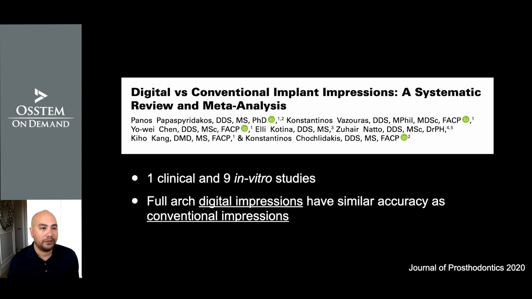Here we have a recent systematic review and meta-analysis that compares digital versus conventional implant impressions. This study included 1 clinical and 9 in vitro studies, and the conclusion is that full arch digital impressions have similar accuracy to the conventional impression.